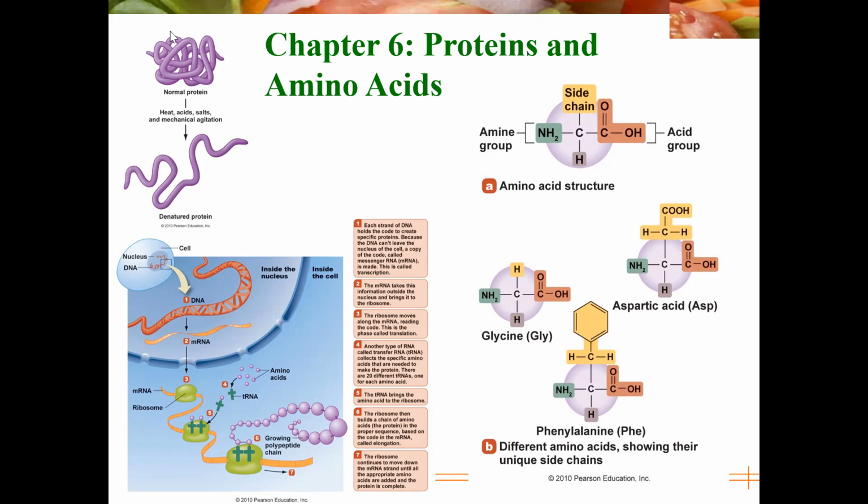Look at it, this is a normal protein and it is in three-dimensional structure, and this three-dimensional structure of the protein can be lost through the heat, the use of acid, salt, or mechanical agitation. So that is why whenever you are working with proteins, you have to be extremely careful, because the proteins can easily get degraded, and once the protein is degraded, it means that it lost its function.